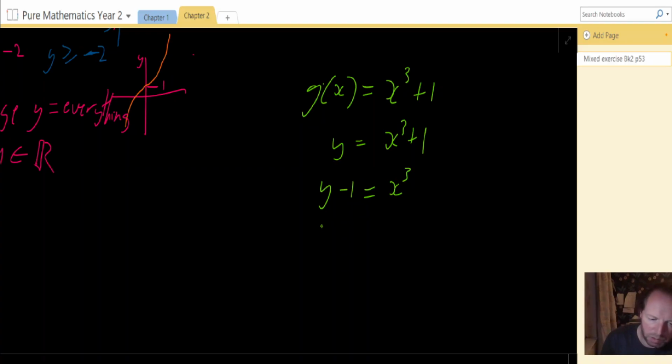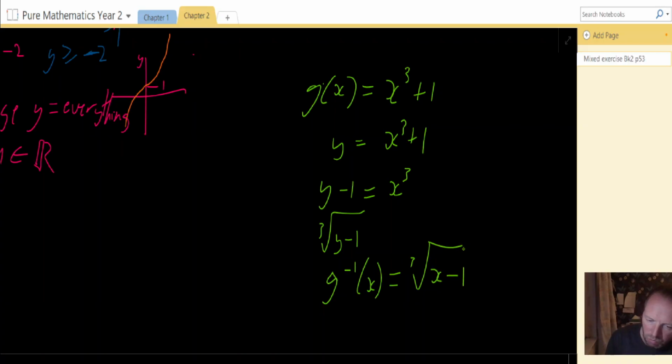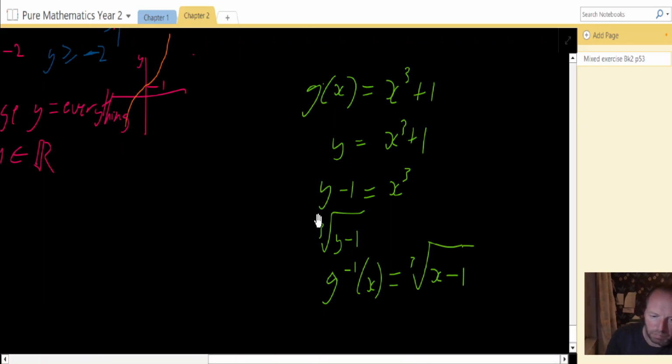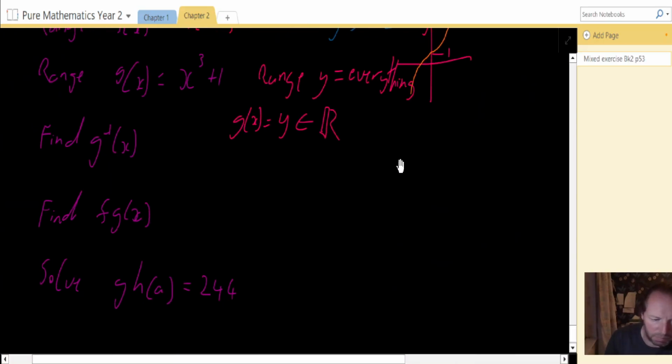Take the cube root of y minus 1, and so we can then say that g inverse of x, given this information, is going to be the cube root of, changing the y into an x, x minus 1. So cube root of x minus 1.